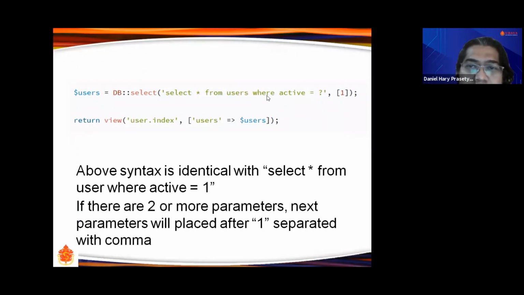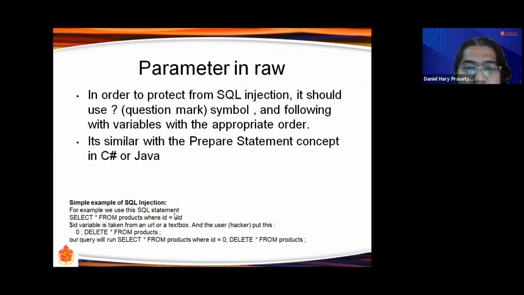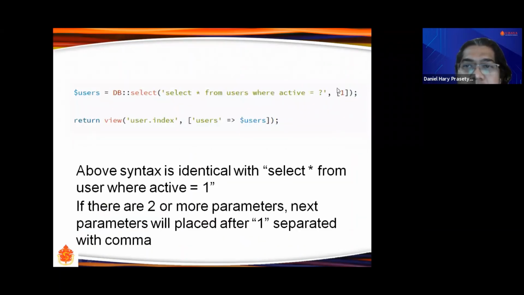Okay, so make the sentence with a question mark and following with the value. So the $ID, maybe put the $ID in a value that's here. This one is replaced with a question mark, and the $ID we put in the following SQL syntax.